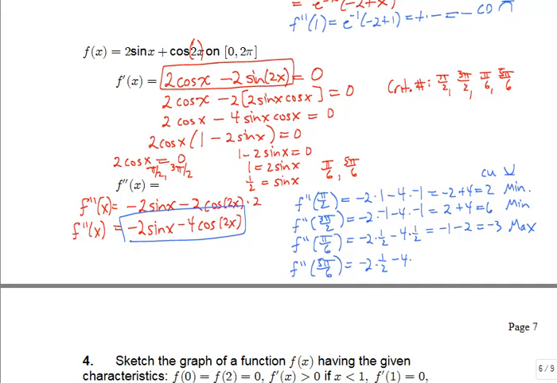Quadrant 4, and cosine is positive in quadrant 4, so this will be a half, and we'll get the same thing that we had before. So we'll have negative 1 minus 2 is negative 3, so that's a max. So time consuming, but it's still going to be the same amount of time or longer to do your number line. Okay?